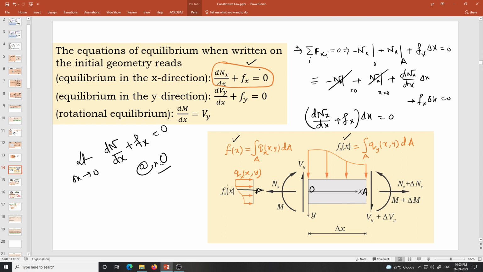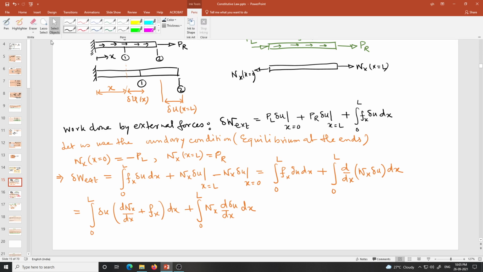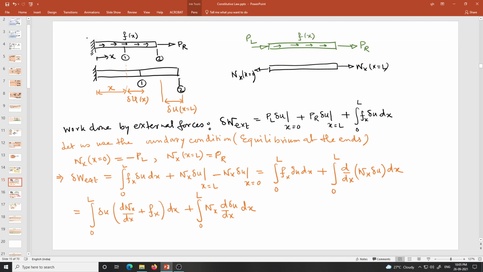So we just assume that we know this equilibrium equation. After that we shall do some exercise. Let us consider a bar which is clamped at the left end at O and free at the other end.